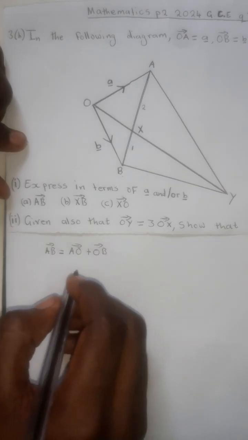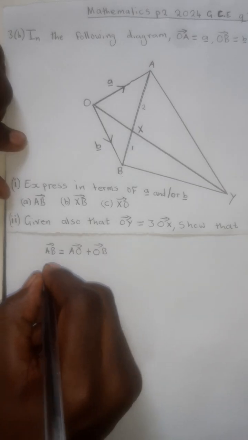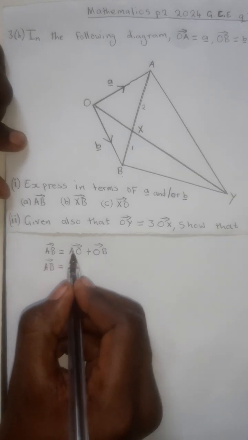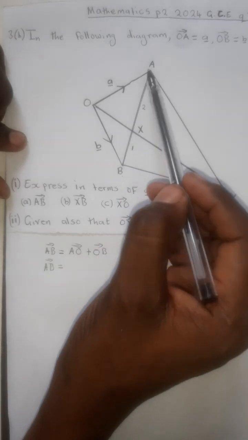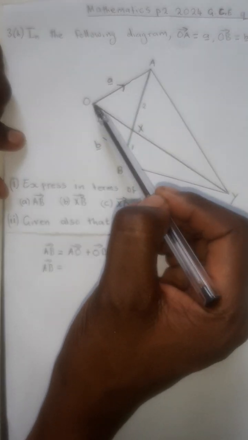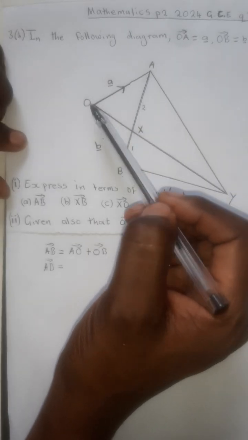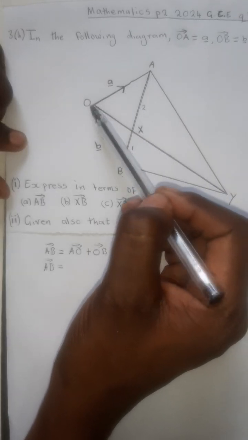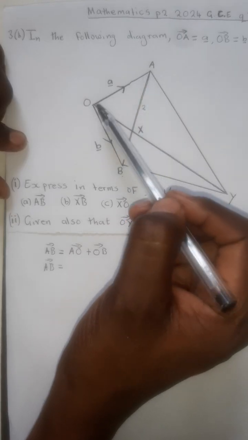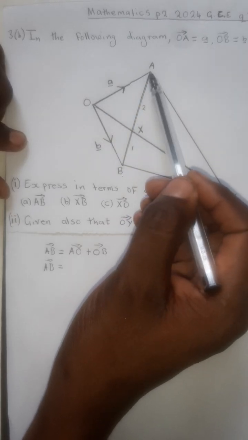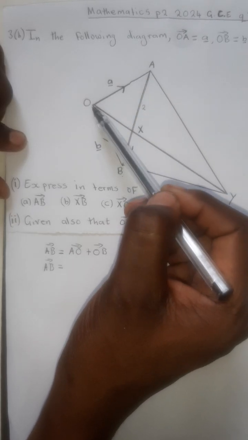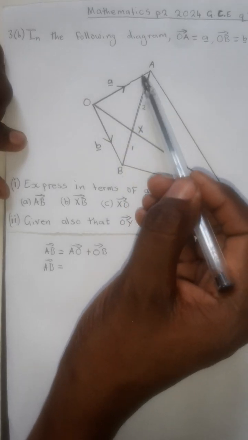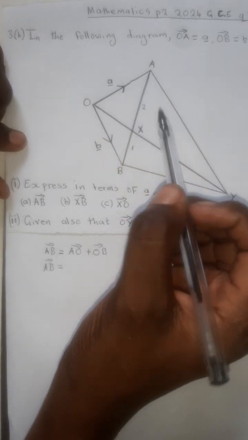Okay? So, after that, we can now just say AB should be equal to, what is AO? Let's go to the diagram. So AO, here this route is OA, looking at the arrow. The arrow is pointing this side, so this route is OA, but what we want is AO. So it's like we're opposing the direction. So once you oppose the direction, it becomes a negative.